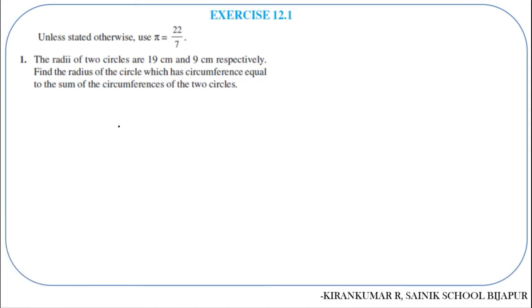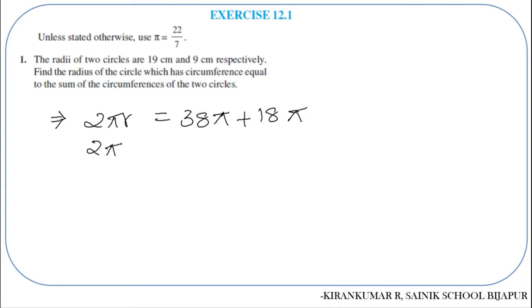So circumference of first circle is 38 pi, circumference of second circle is 18 pi, and the circumference of the third circle is 2 pi R. So we shall equate it.